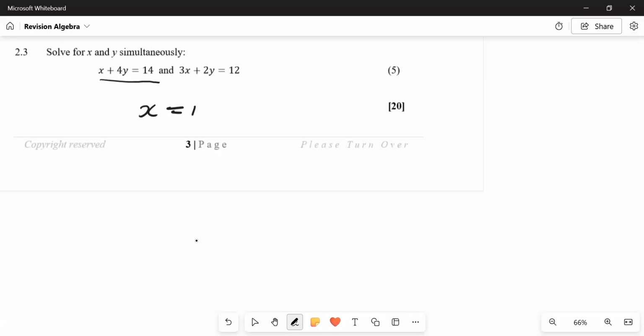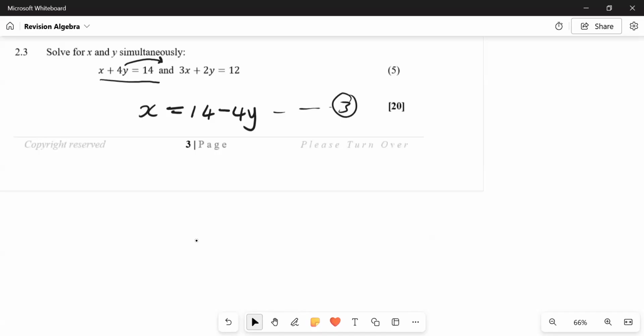So now you have your 14 minus 4y. So this is equation 3. The only thing that I did was to transpose 4y from left-hand side to the right-hand side. And then I ended up having x is equals to 14 minus 4y. That was the first step, right?